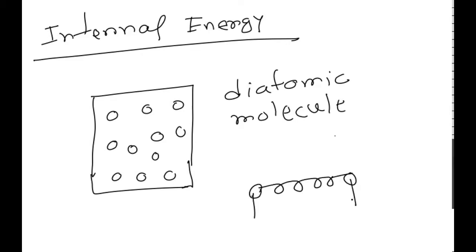These are the atoms of the diatomic molecule, and the spring represents the bond between the atoms. Let's talk about the kinetic energy of this diatomic molecule and its atoms.